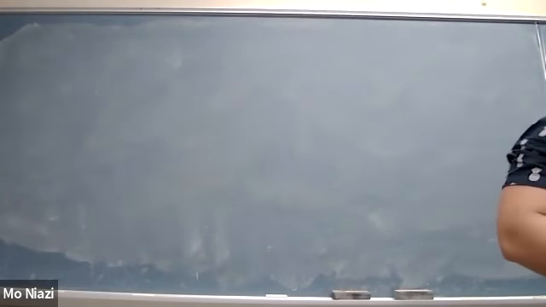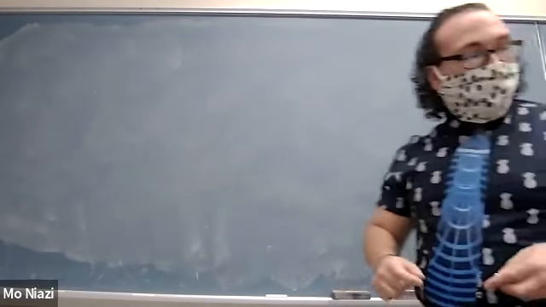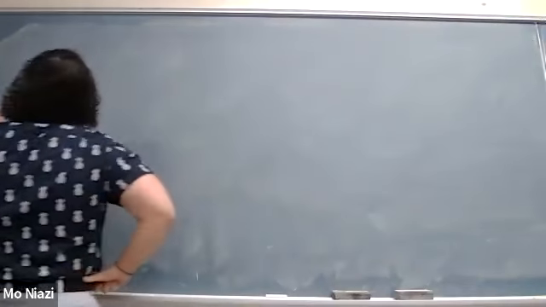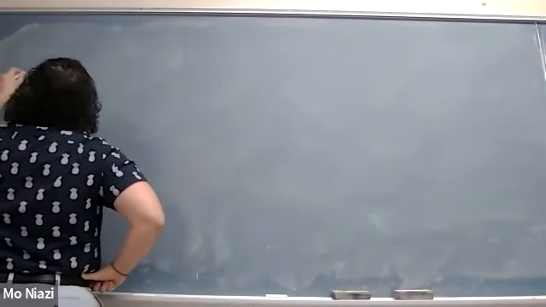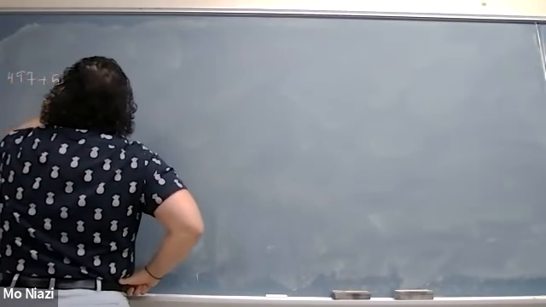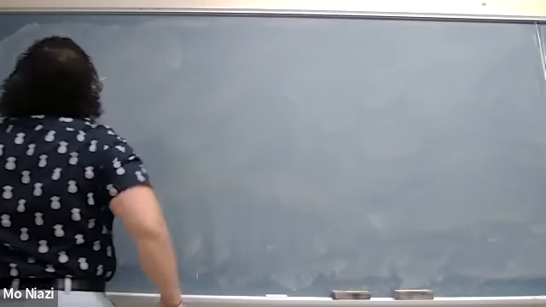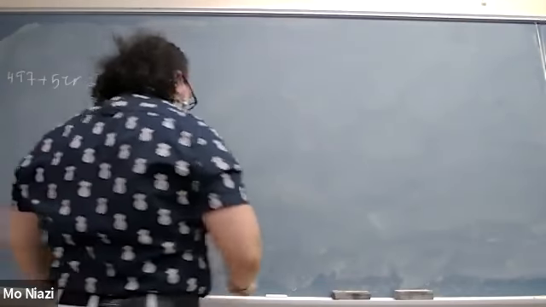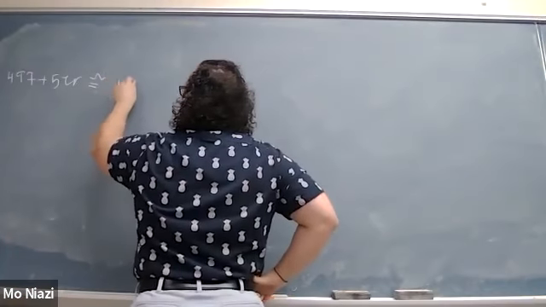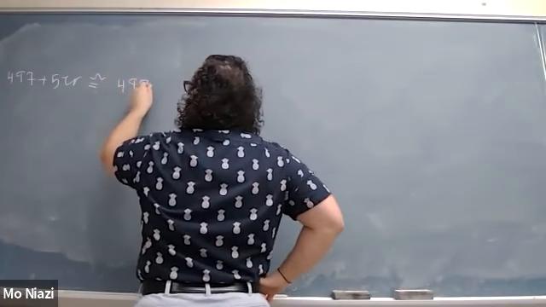So what does 497 plus 5 omega approximate to? What is this approximately? Why? Because it's the highest level.